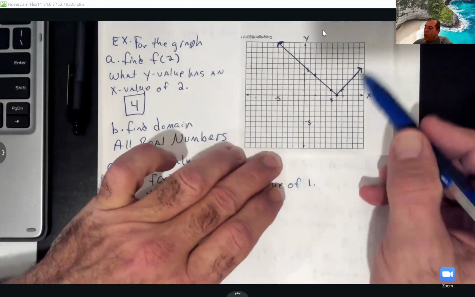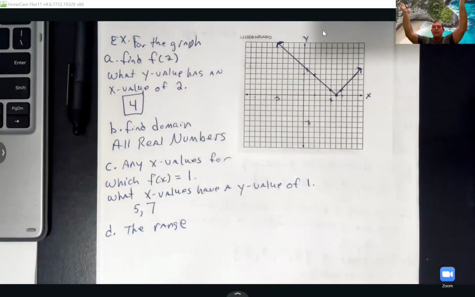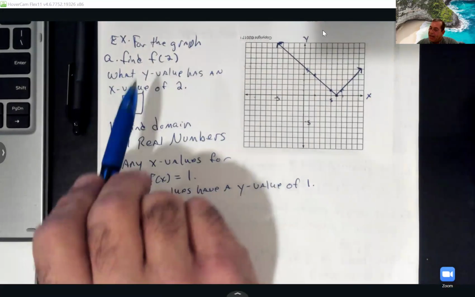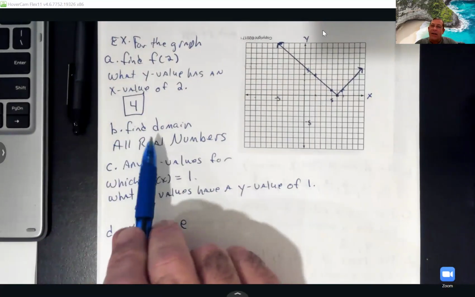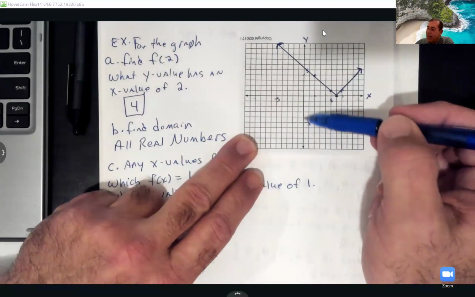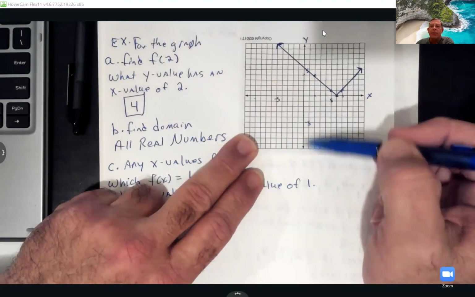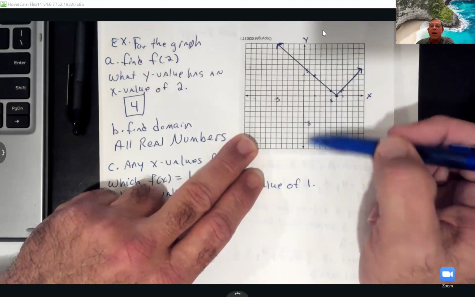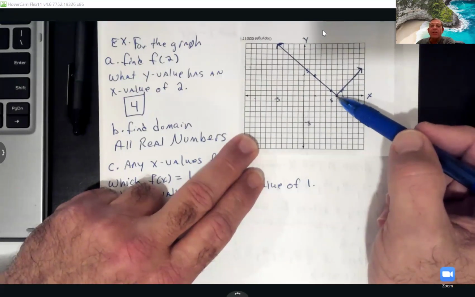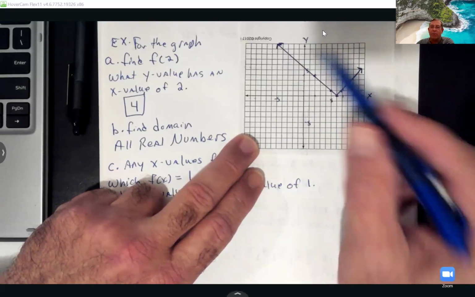Now the arrows are going up in both directions towards what we call positive infinity. But I can't do like the domain. I can't call that all real numbers because these negative y values, there's no graph down here in the negative y values. It looks like the range is all these positive numbers.